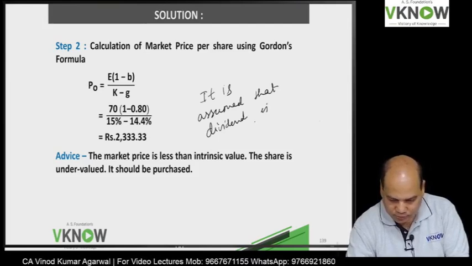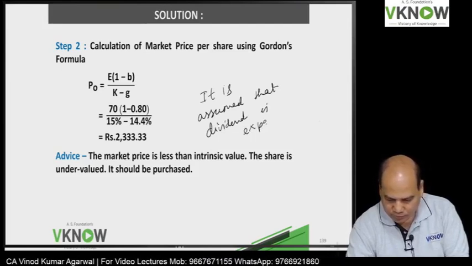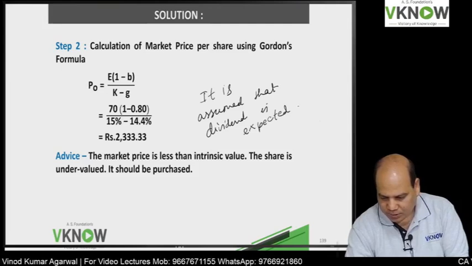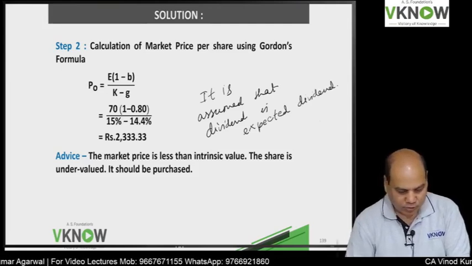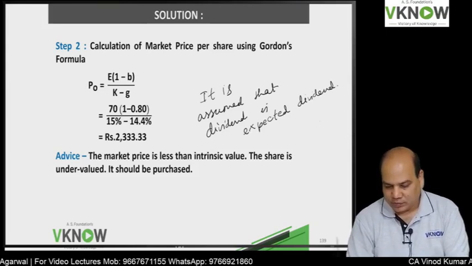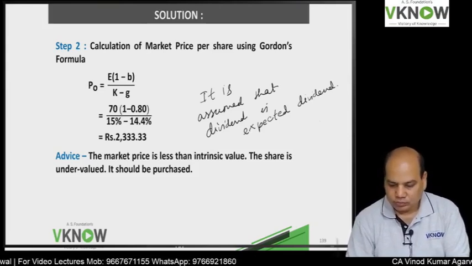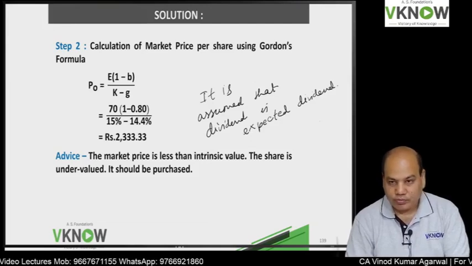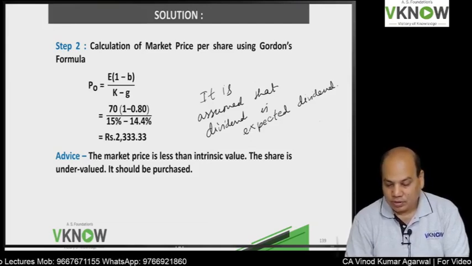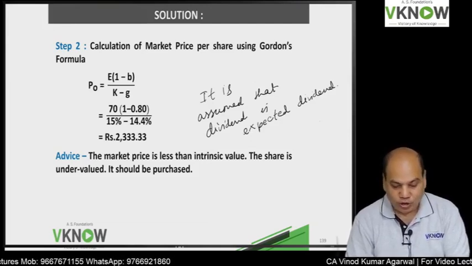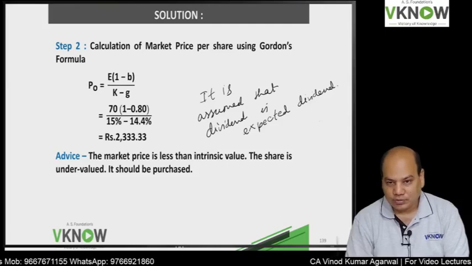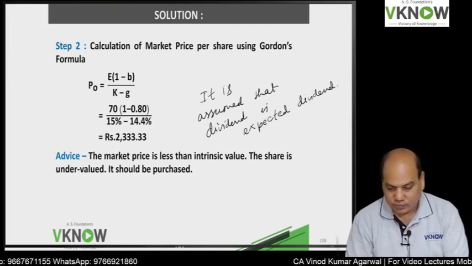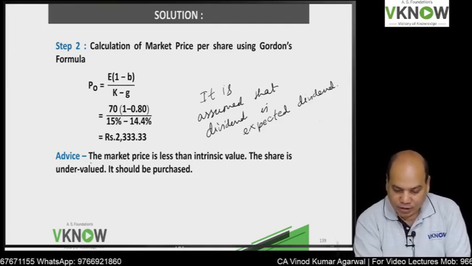It is assumed that dividend is expected dividend. Alternatively, you can assume it is past dividend, so you will have to increase it by the growth factor. Accordingly, answer will change. Now write down the advice.